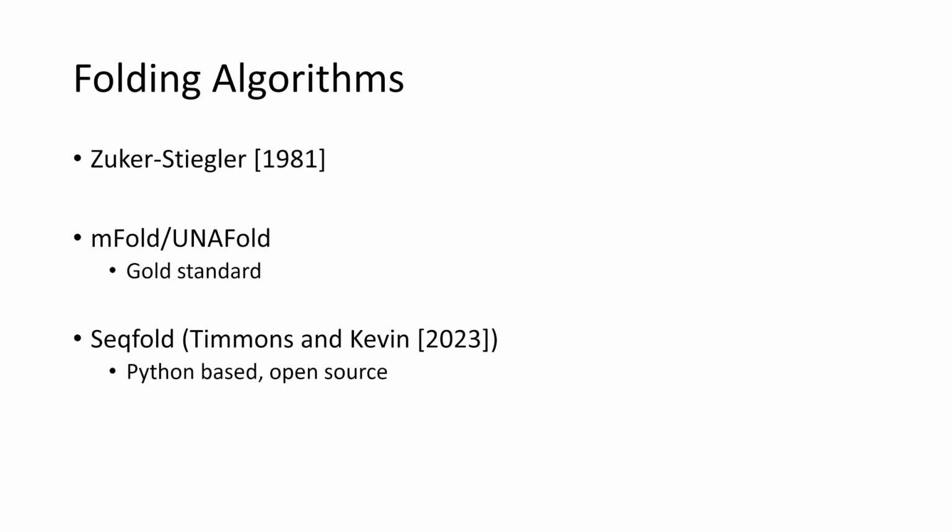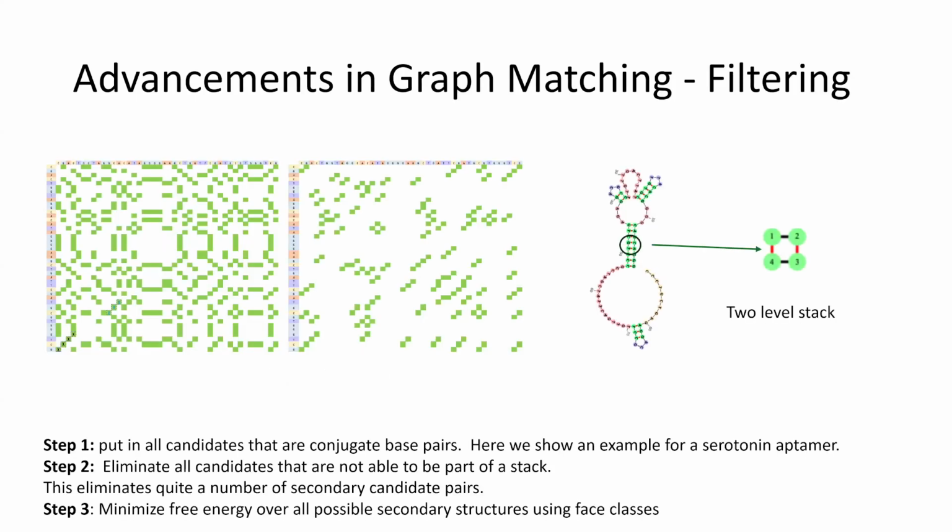GMFOLD does a bit more under the hood than the standard algorithm, but it is a bit less easy to work with. It's not in Python, and the code as it's written is a bit more obtuse. So we started with this Python-based open source code, and we were trying to see what we could do to speed it up, because when you're doing high throughput, every second counts.